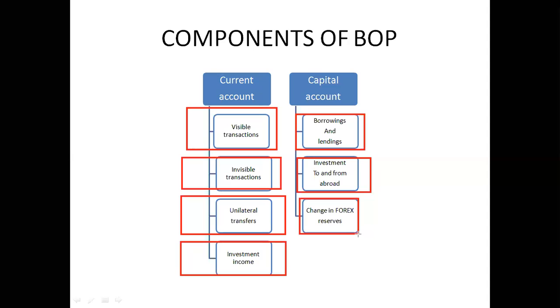In the current account we will include all current nature transactions like visible transactions, invisible transactions, unilateral transfers, and investment incomes. But in the capital account, we will include borrowings and lendings, that is capital receipts and capital payments. Clear? Moving further.